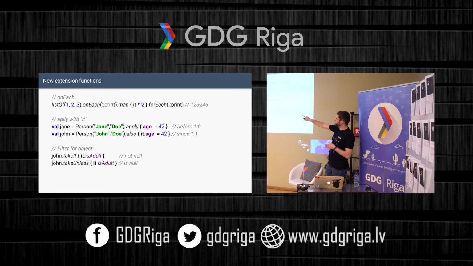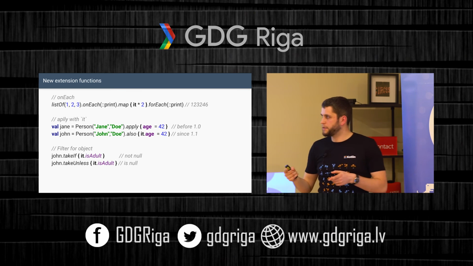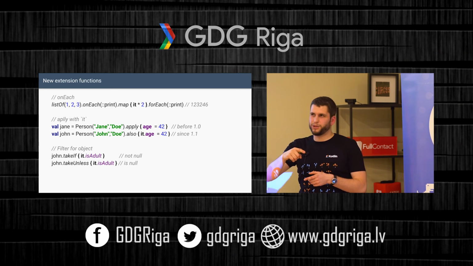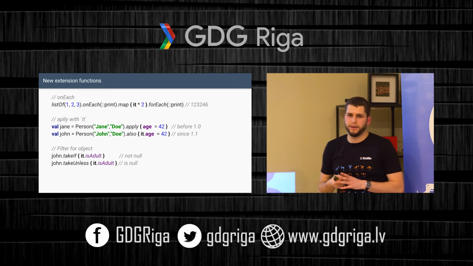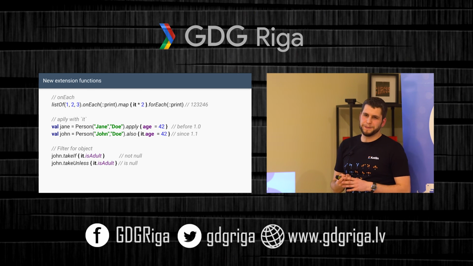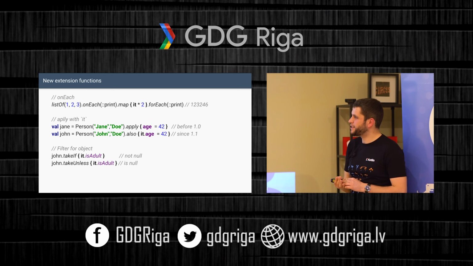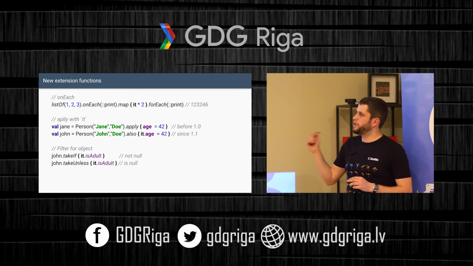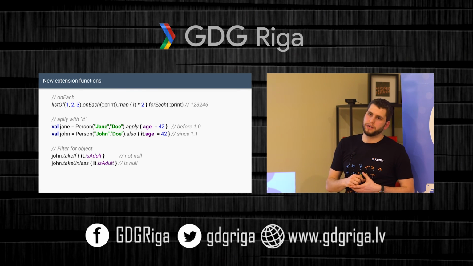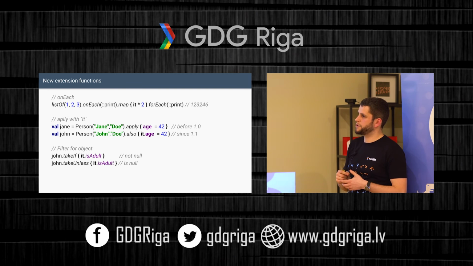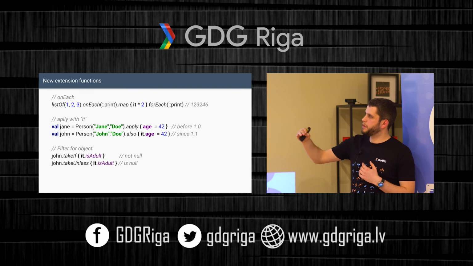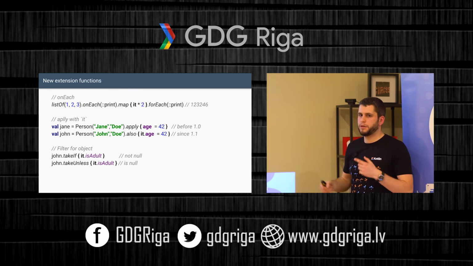It allows you to pass some lambda inside of it, and inside that lambda you can pass as a parameter the same John Doe person object. I think it sounds confusing, and it is confusing the first time, but when you get used to those applies and alsos and you create some nice chainable data transformations, it actually makes a lot of sense.